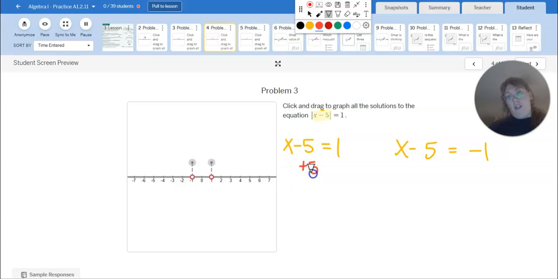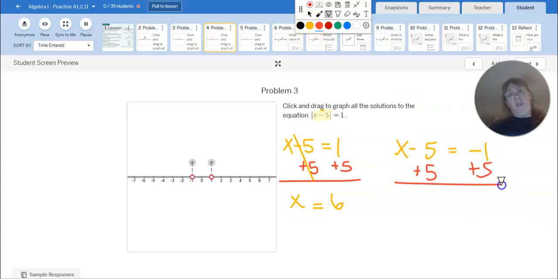So we can make our two equations like this to solve for our boundary points. As we start solving, we just use our opposite operations, add 5 to both sides, and we get x equals 6. On the right, when we add 5 to both sides, -1 plus 5 is 4. So our 2 points are going to be on 6 and 4.